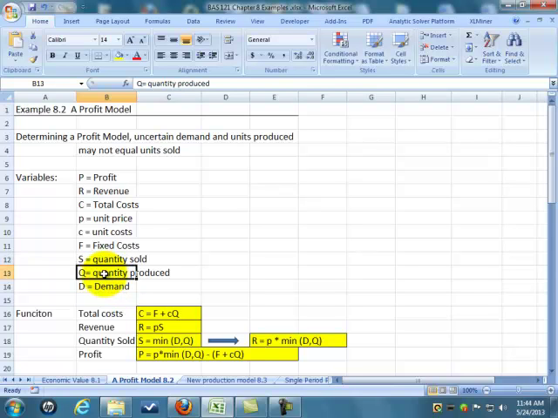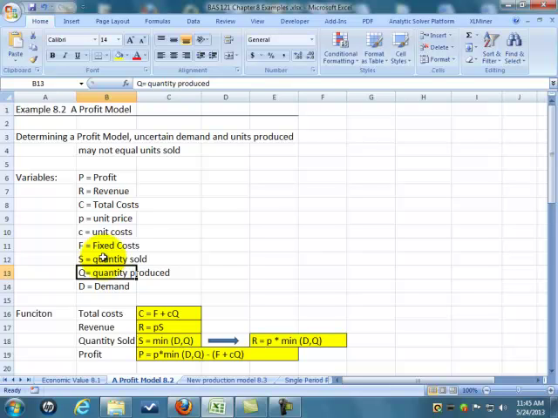Now, remember when we took BAS 120, most of our models assumed that the quantity sold and the quantity produced were always the same, and we never had any inventory left over. And we talked about in that course, we said, well, that's a rather simplistic assumption we're making, that just because we produce it, we'll sell it.